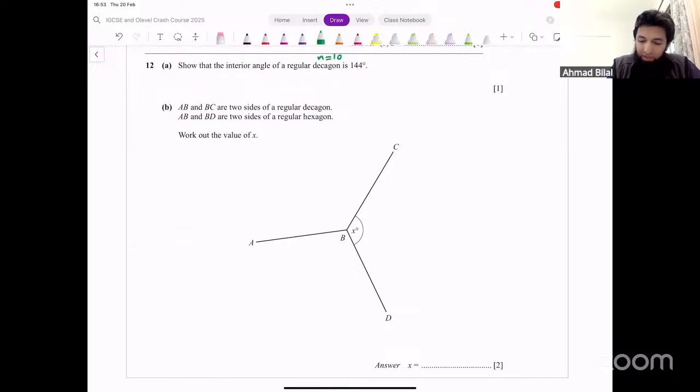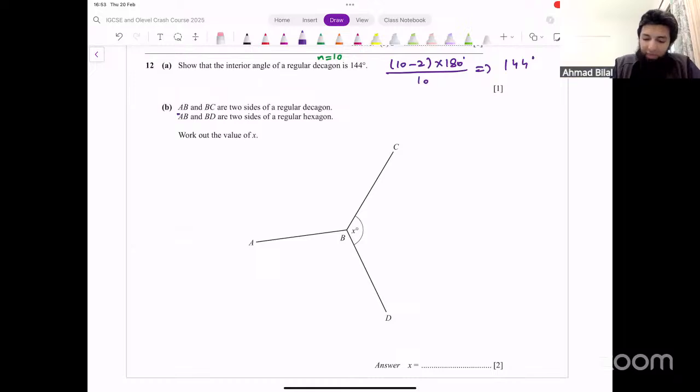So n is equal to 10, right? It's regular, that means all sides are equal and all angles are equal. What's the sum of all angles in a decagon? n minus 2 times 180, right? That will be 10 minus 2 times 180. That's the sum of all angles. What would one angle be? We divide this by n, that is 10. And that should give us 144. You can try that. That's the result that we should get, 144 degrees.